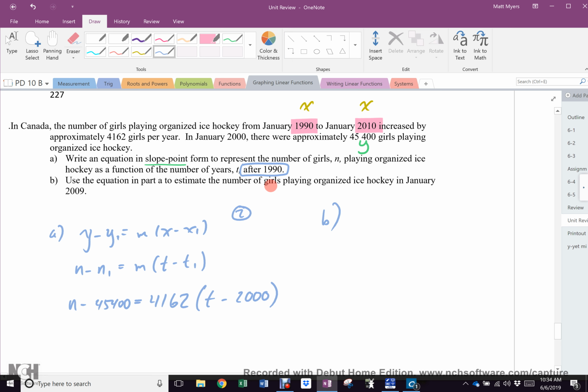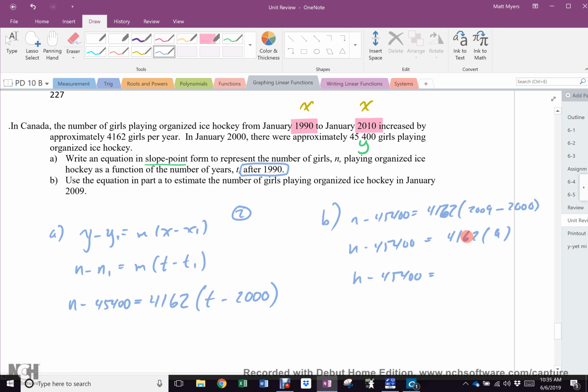Now I'm going to use the equation to estimate the girls playing hockey in 2009. Well, n minus 45,400 equals 4,162 times, what's the t I am working with? 2009 minus 2,000. So n minus 45,400 equals 4,162 times 9. N minus 45,400 equals something like 37,000.